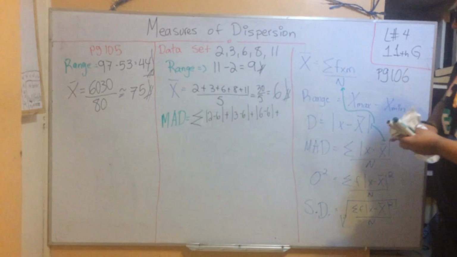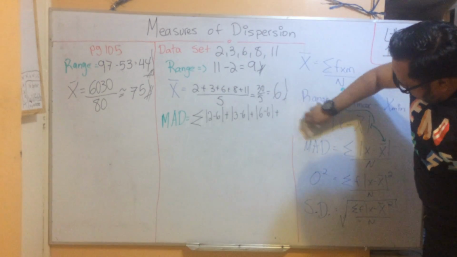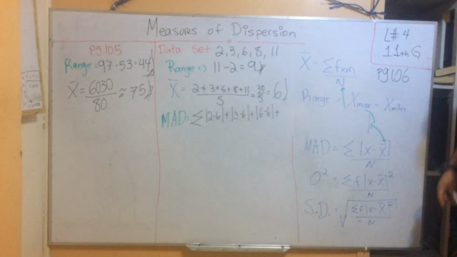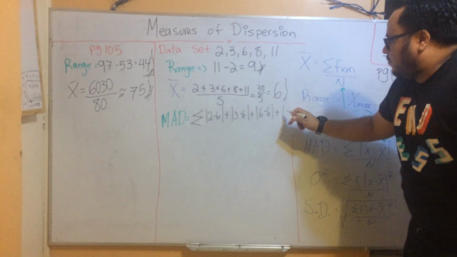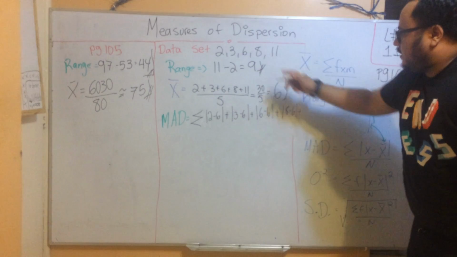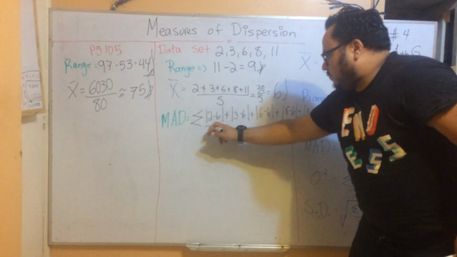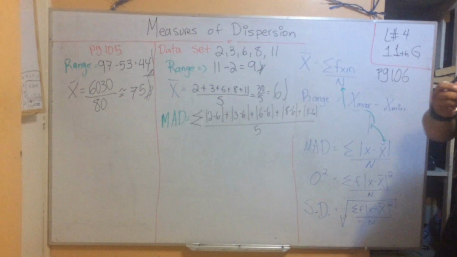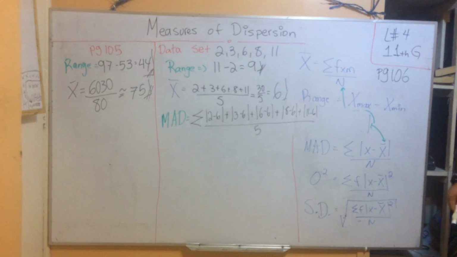Let me put it here. I'm going to take this. We already know this one. This one comes from here. Then we have the next number, 8 minus 6, absolute value, plus 11 minus 6, absolute value. And all of this divided by 5. Why 5? Because we have 5 numbers.